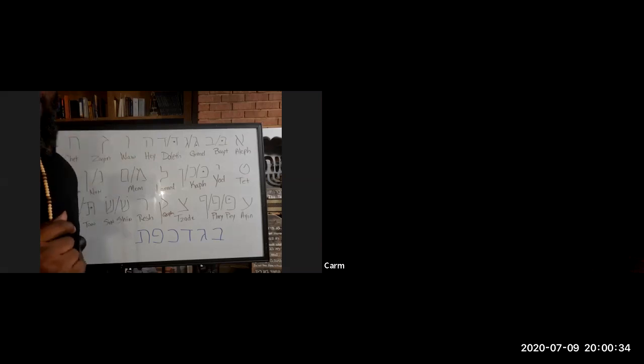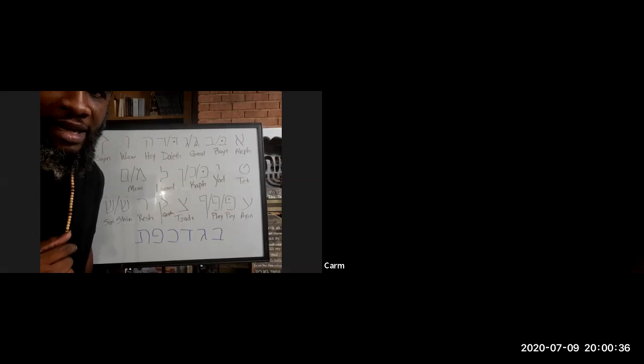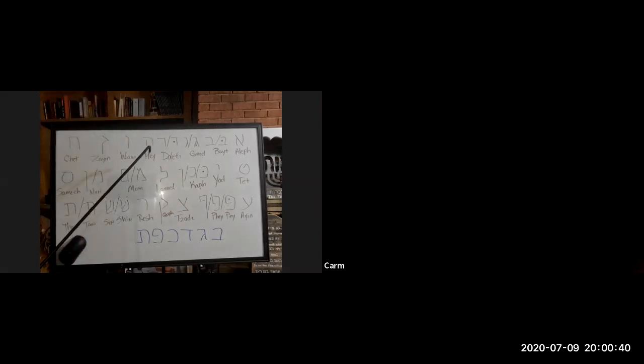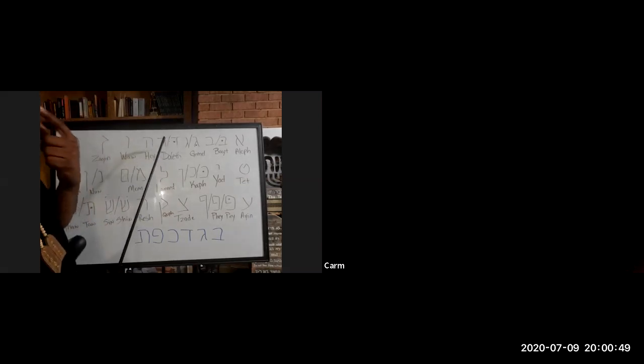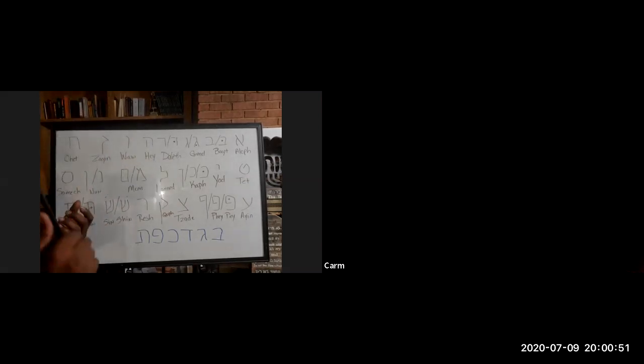So like the, dalet, dalet. It's with your tongue resting between, like if you were talking with a lisp, kind of trying to say a D. Yeah, that's pretty much it.